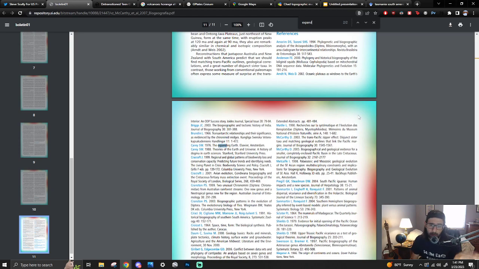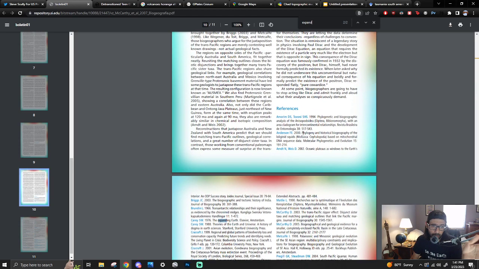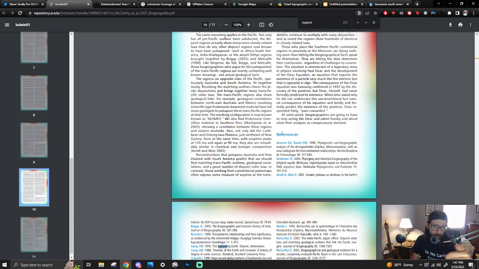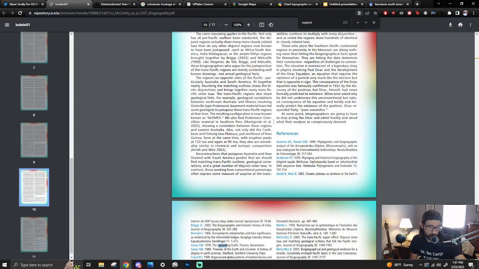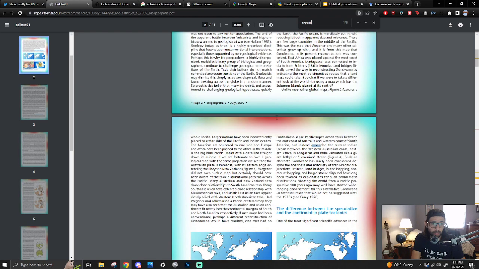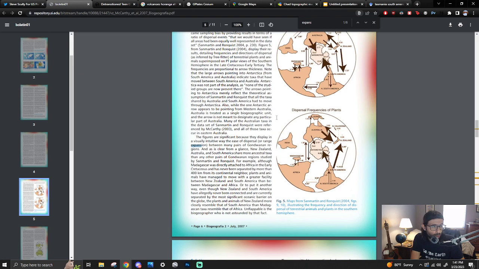Anyway, this paper doesn't, in my recollection, from reading and just searching expansion, they're not actually proposing expansion.